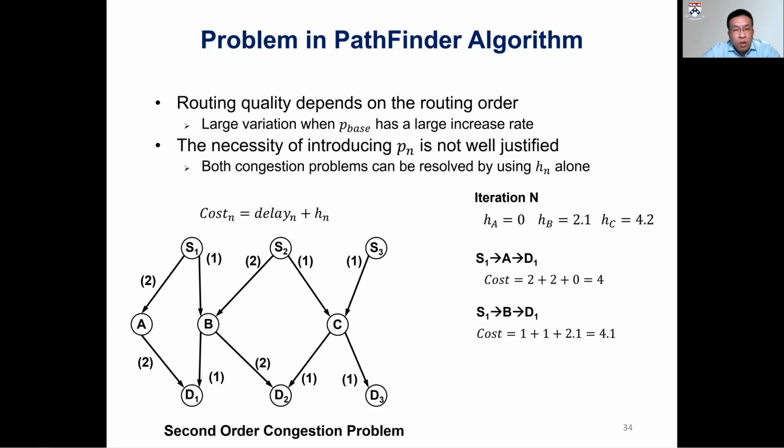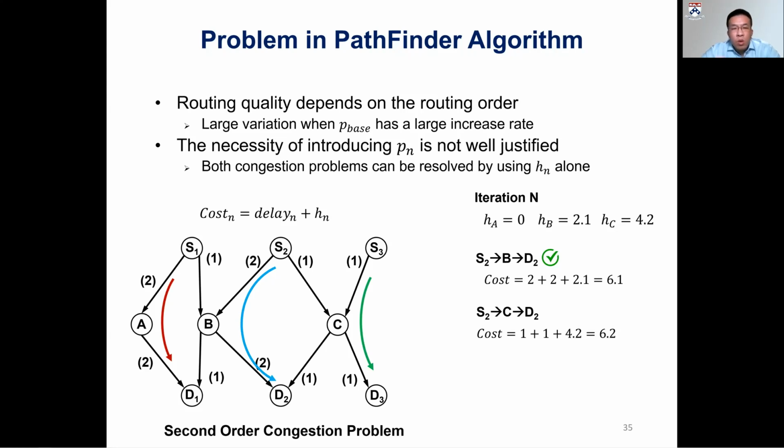For the second-order congestion problem, we do not show the intermediate routing iterations for simplicity, but when HB and HC are large enough, we can see that S1 to D1 will be routed through node A, and S2 to D2 will be routed through node B, and S3 to D3 will be routed through node C.